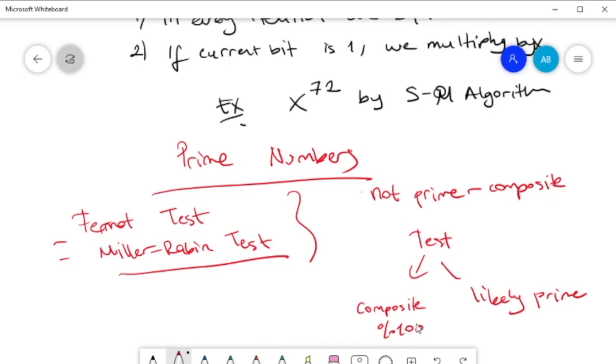For 100% it says composite, but for some probability, because we make iterations such that the probability is so high, it is likely prime. There is always a possibility that the number is not prime. So this is how this primality test works.